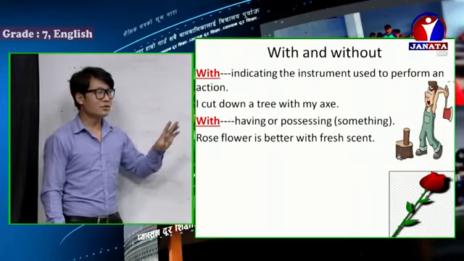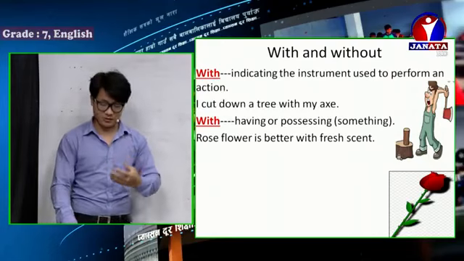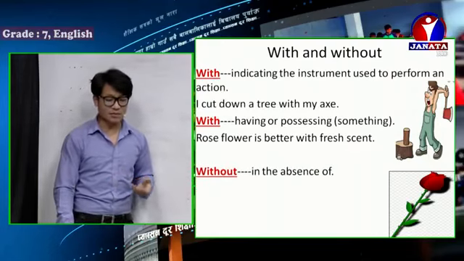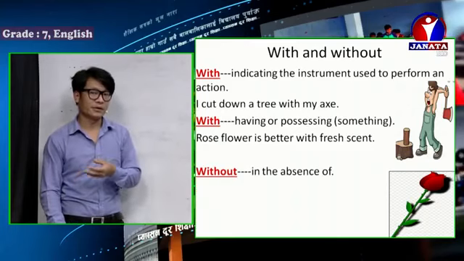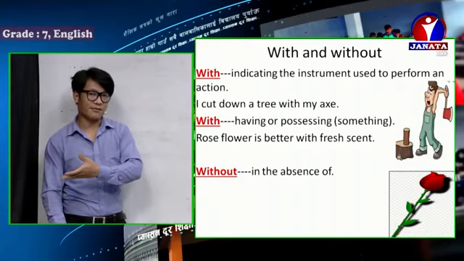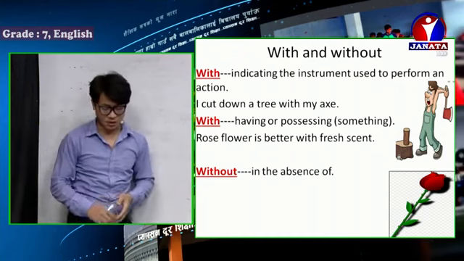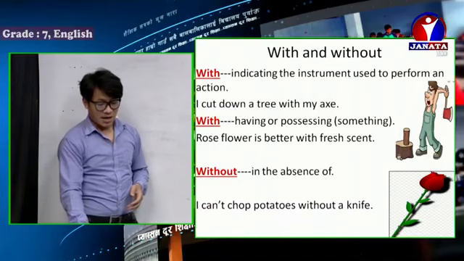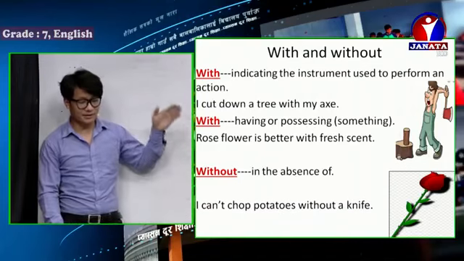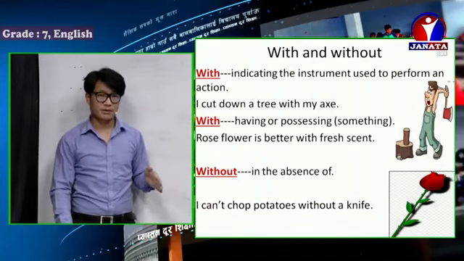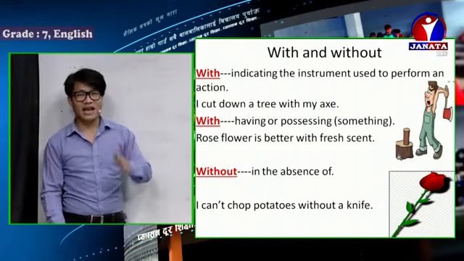Now, I think I should not tell you more about without. So see the example. Without means in the absence of, or just the opposite, just negative to the preposition with. Example, I can't chop potatoes without a knife.